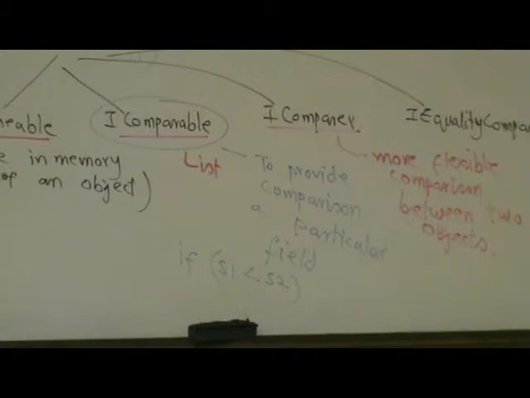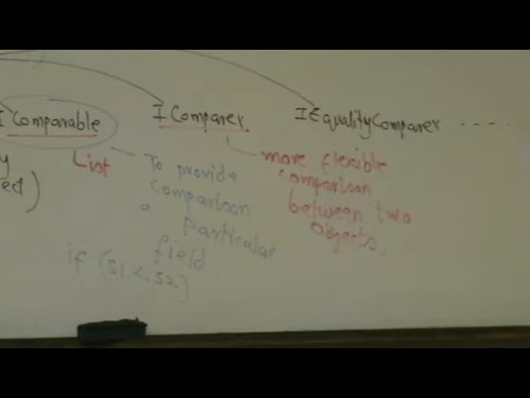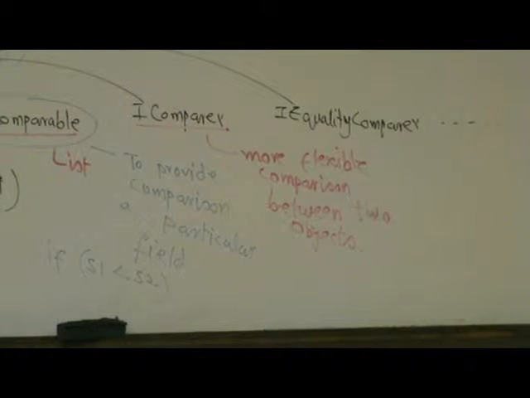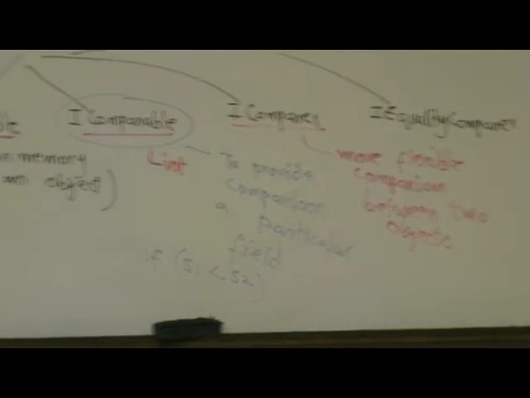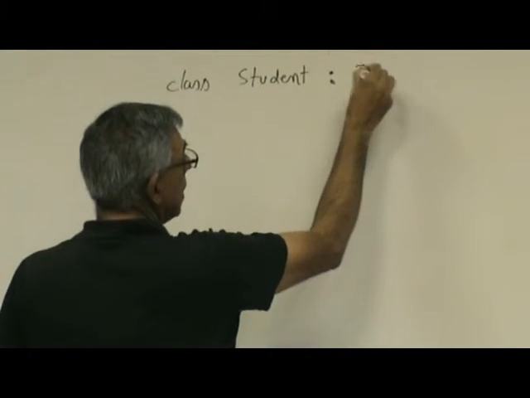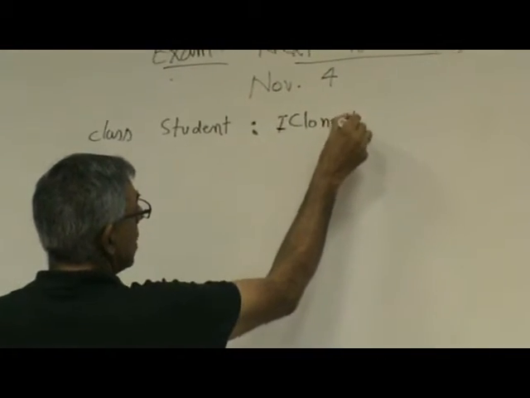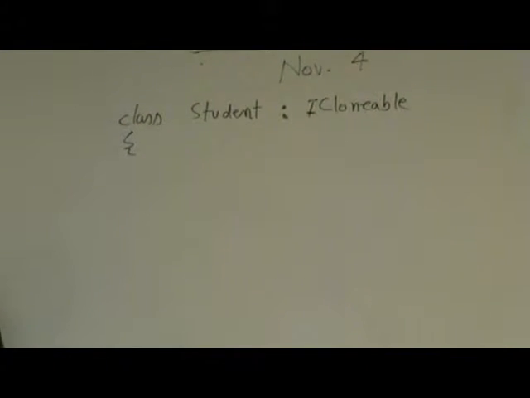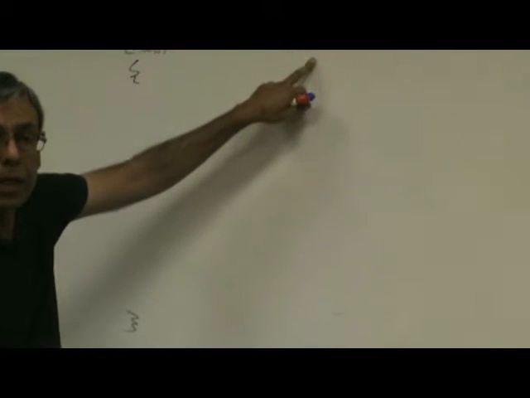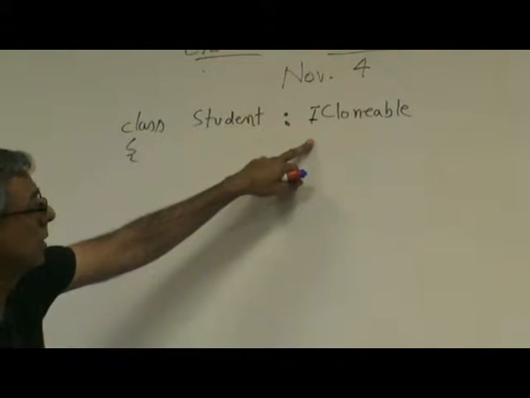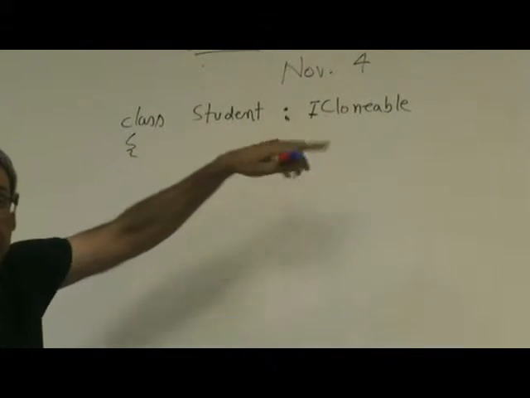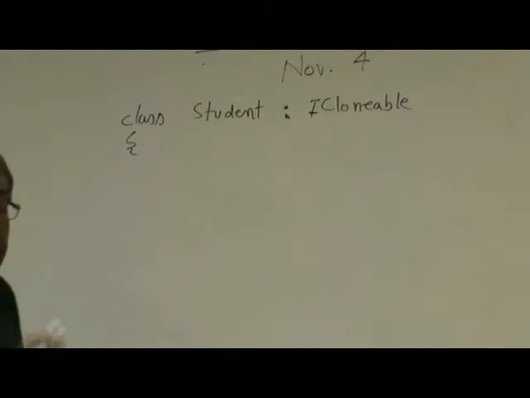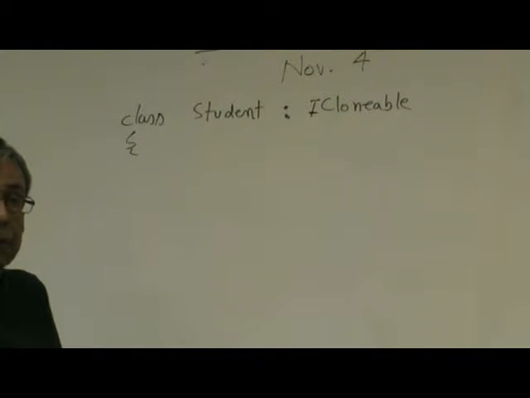Okay, so typically what we do is we say class student, and once again assume we have those 5 fields over here. And if we want cloning capabilities over here, we will say :ICloneable. Right? Okay, and once you right click on it and go to quick actions, one of the quick actions will be implement interface.